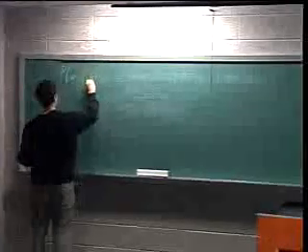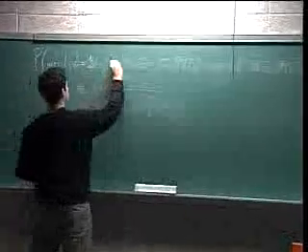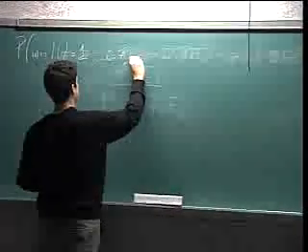And now similarly, the probability that we win given I is equal to 1 when I is equal to 7 or 11.